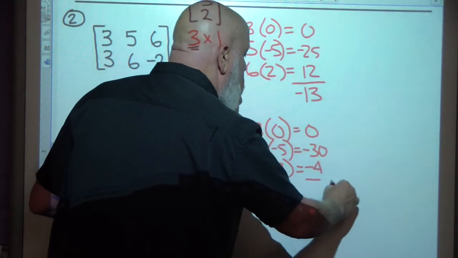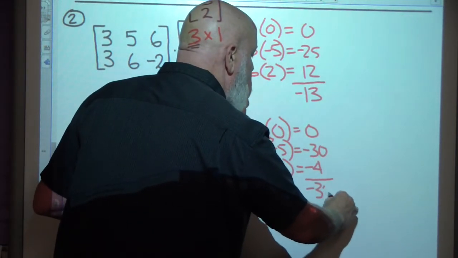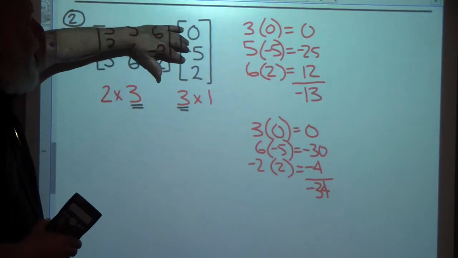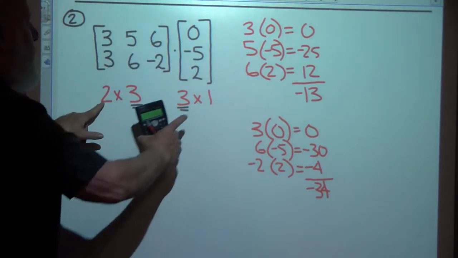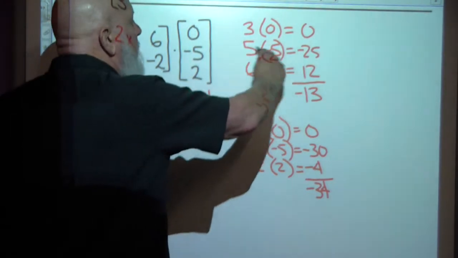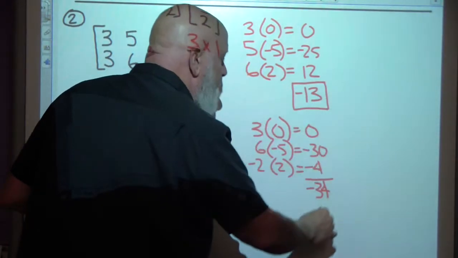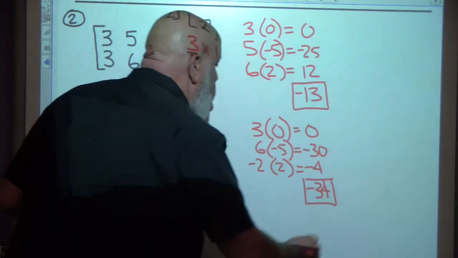And when I add those together, I get negative 34 if I haven't made any mistakes. And so I've done everything I can do here. I'm expecting a 2 by 1, and so I've got 2 by 1. These are the elements of my product matrix.